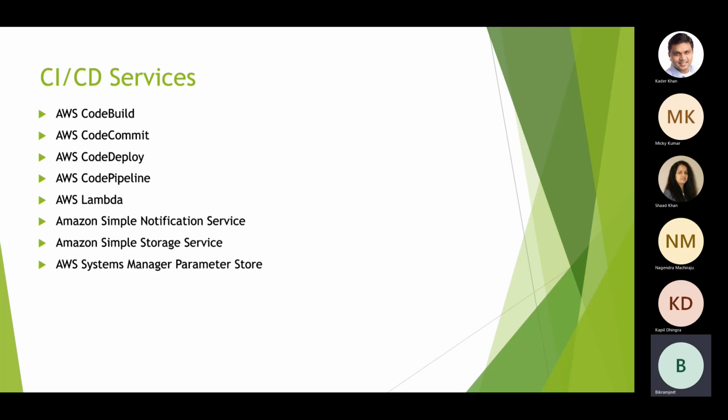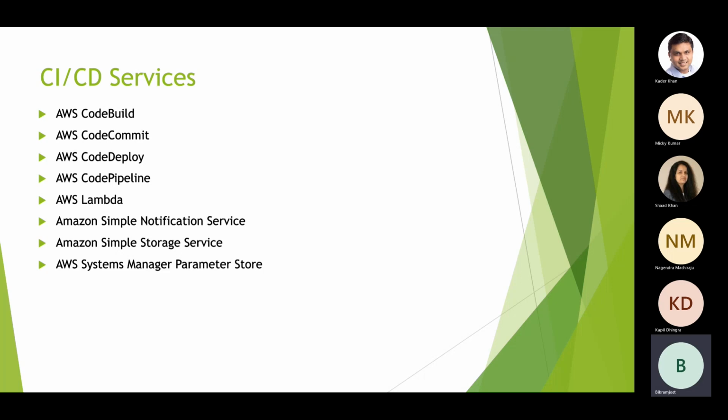And the next part is Amazon Systems Manager parameter store. As the name suggests, it's a parameter store. So while running applications in either EC2, ECS, EKS, Elastic Beanstalk, anywhere, you need some parameters.